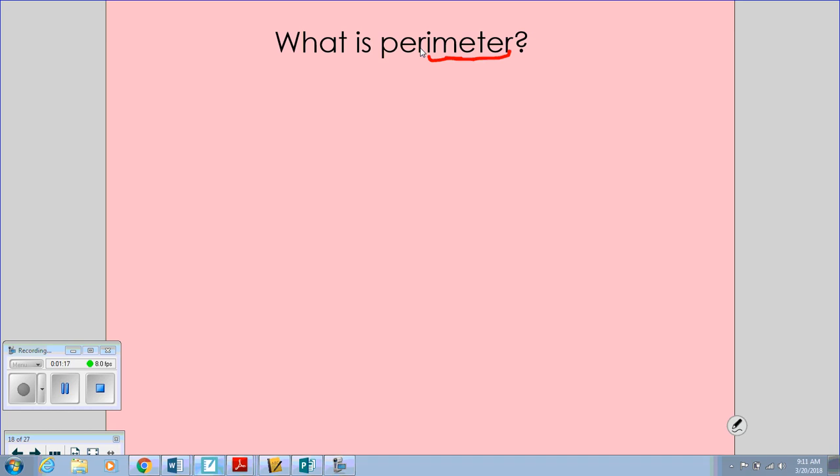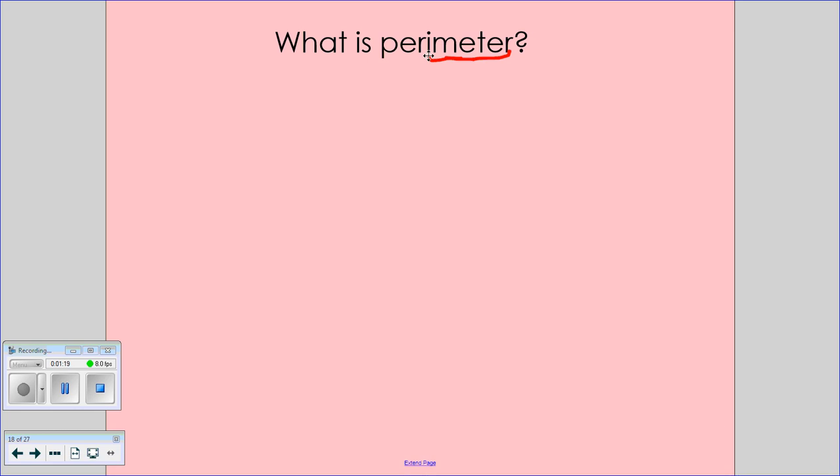There's one other section I want to point out that might give you a clue about what perimeter is, and it's right on the inside of this word, and it says rim. We have rim, and we have meter. What do we think perimeter might be based on just breaking this word apart a little bit? What do you think, Ella?